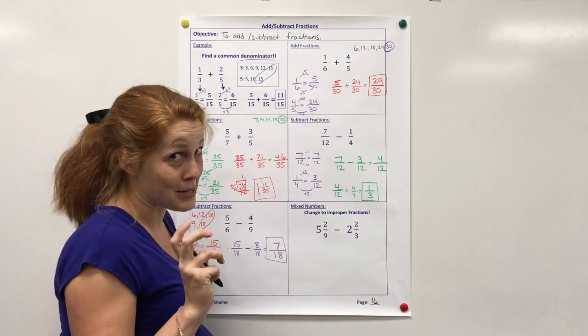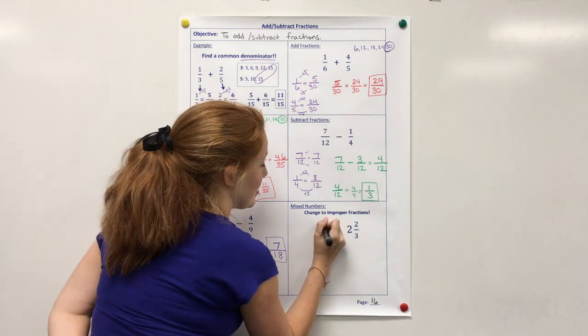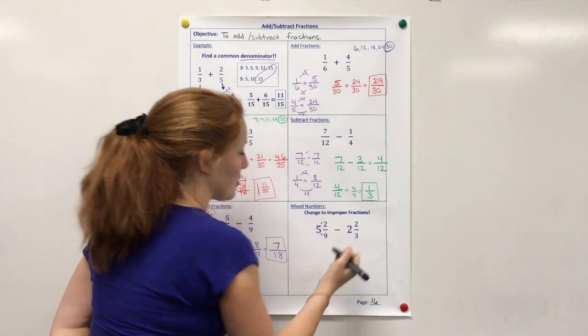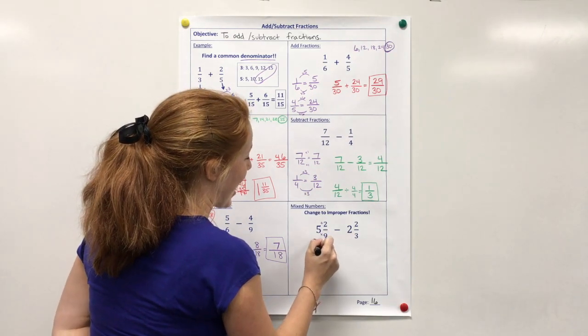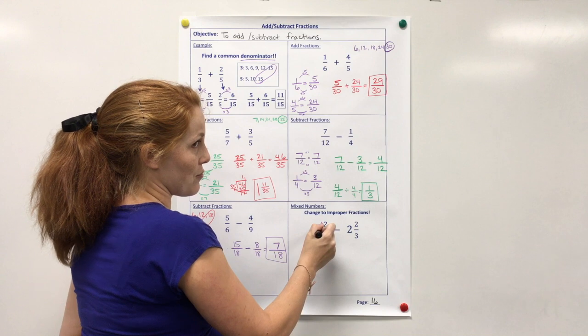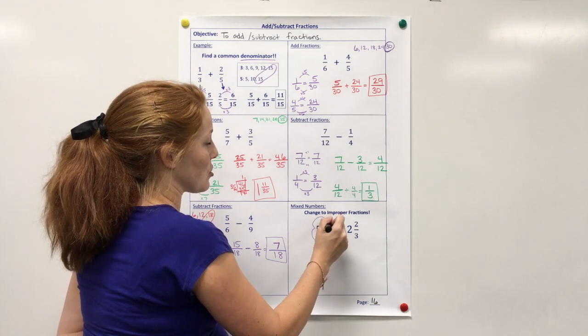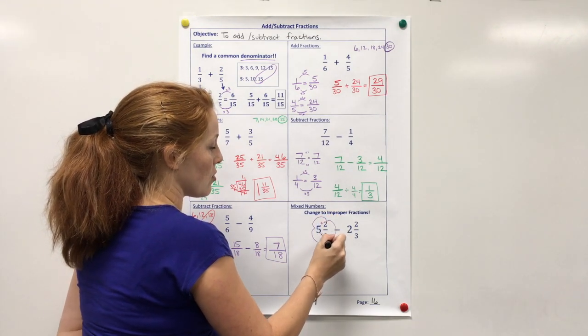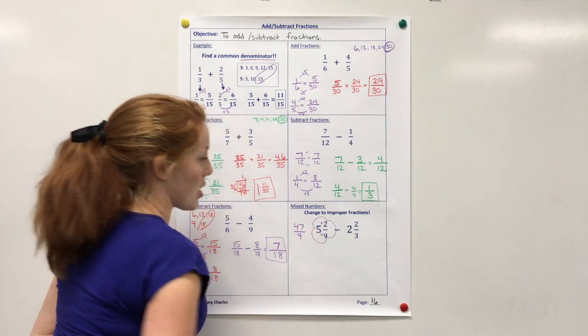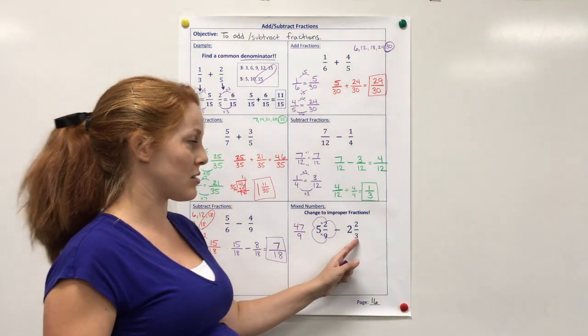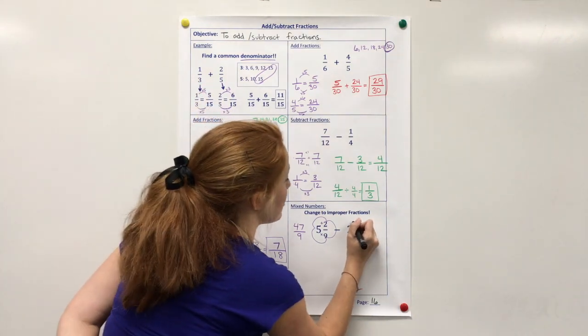Remember, we can use Texas popcorn. You live in Texas, and hopefully you like popcorn. So 9 times 5, 45, plus 2, 47, over 9. All right, and then now we need to do Texas popcorn over here.